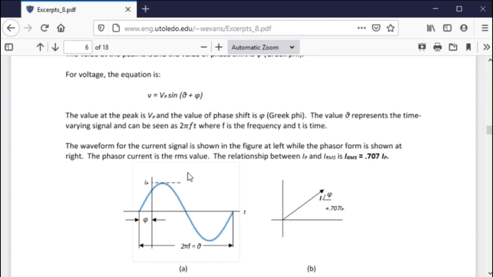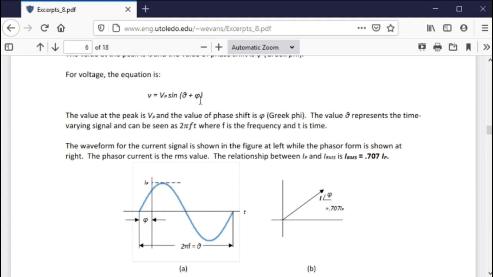So here is the phi, or the angle. This would be leading, at an angle of leading. Here would be the phi angle right here, and the value of the magnitude, the I, is this peak value times 0.707, and you've heard of 0.707 before. So you always represent this as RMS current at an angle phi.